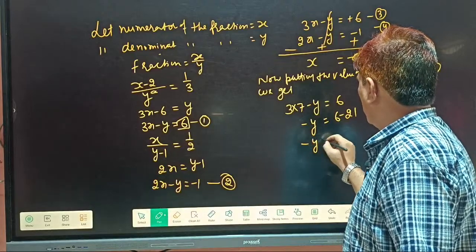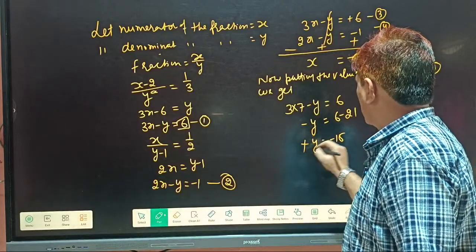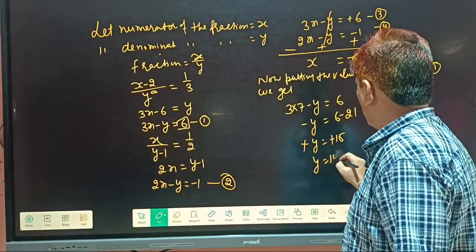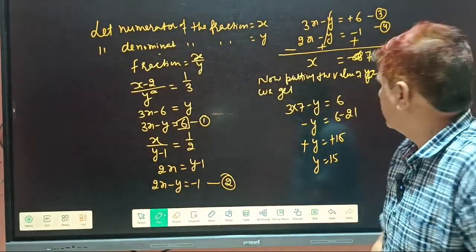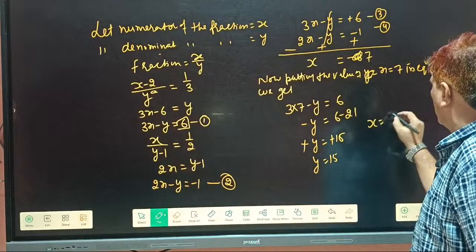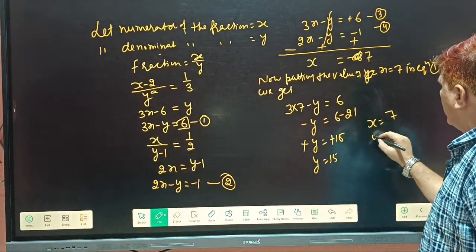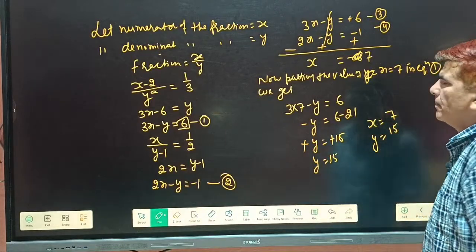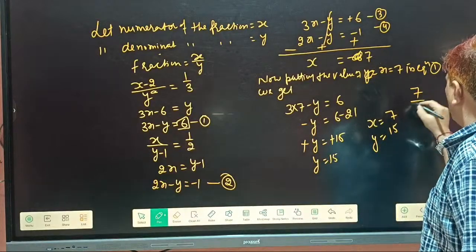So minus y equals minus 15, this cancels this, so y equals 15. So x equals 7, y equals 15. So the fraction is 7 by 15.